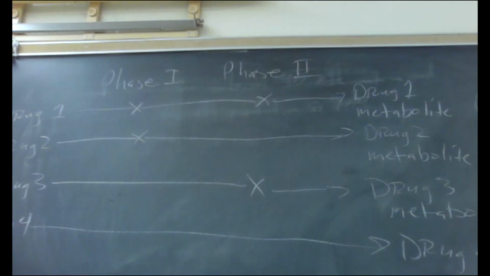Anyone on any of those drugs will have markedly reduced levels of cytochrome P450 3A4 activity. Now, think about this with me. Here's a drug. It's metabolized by 3A4. Now, you inhibit 3A4, what's going to happen to the half-life of that drug?